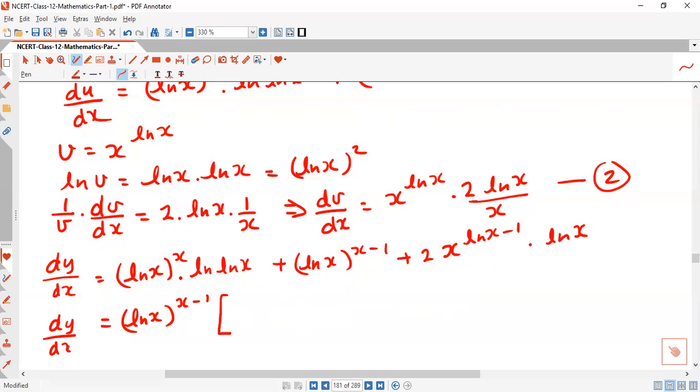We are taking log x common, so this has one log x less: log x into log of log x plus 1, plus 2 times x raised to log x minus 1 into log x. So this will be the answer of your question.